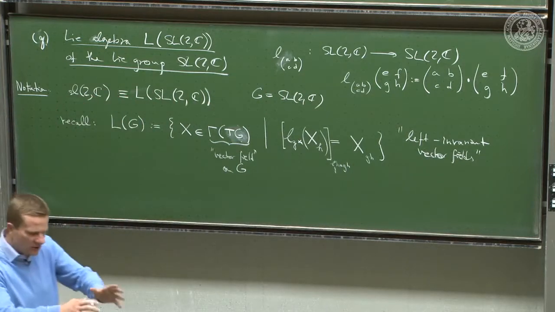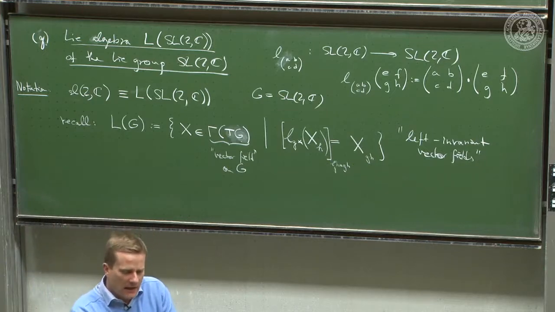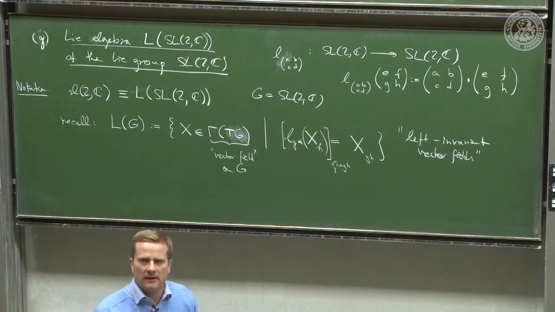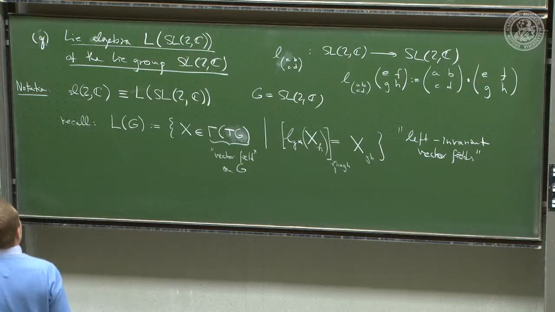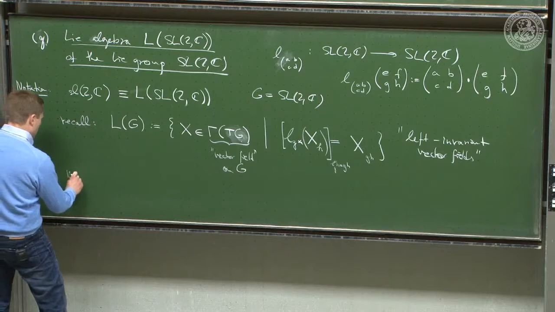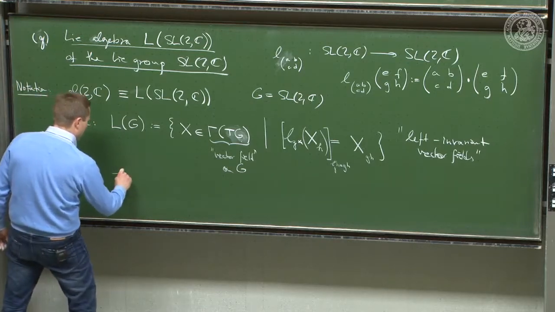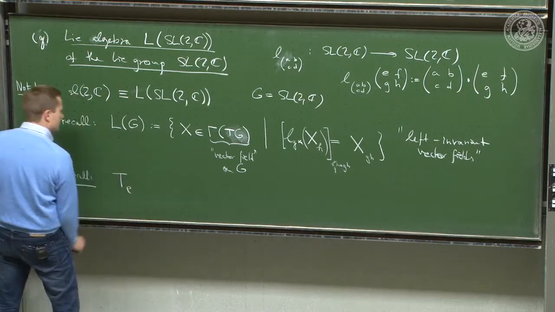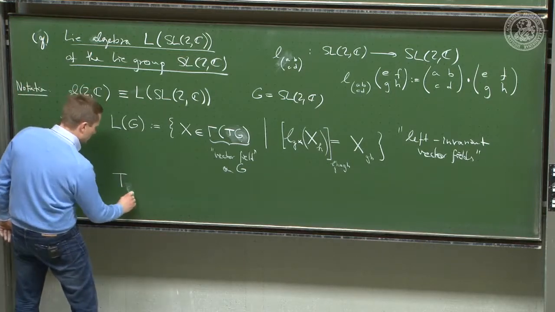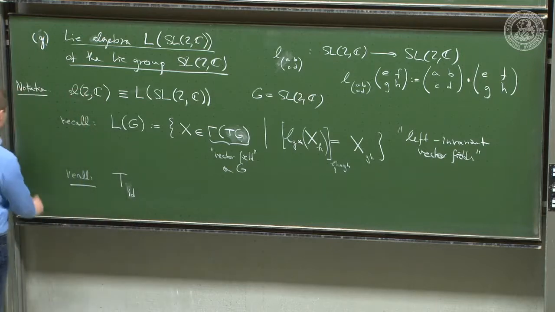So you really need to look at the whole group manifold and look at vector fields on there. But we saw that there is an isomorphism. Recall that there is an isomorphism between the tangent space at the identity, so did we call this id?